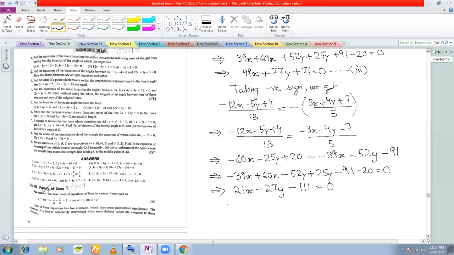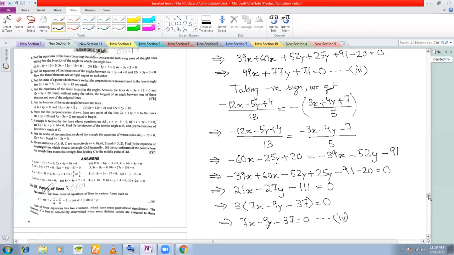Now I think all this will cancel with 3. So you can write this as 7x minus 9y minus 37 is equal to 0. So this is the equation of the other bisector. We have found out the equations of the two bisectors.